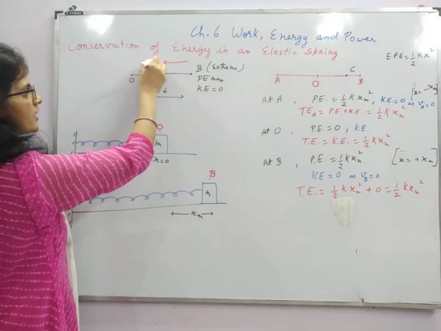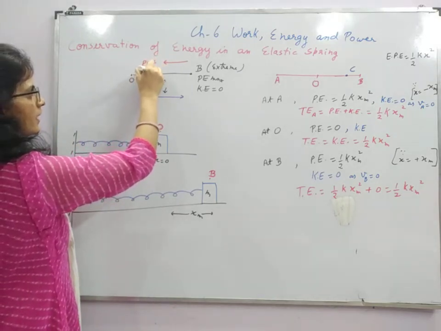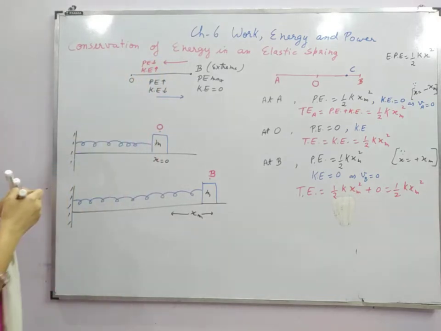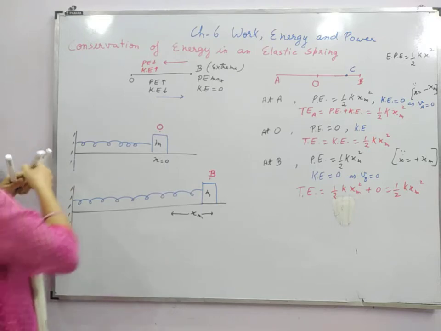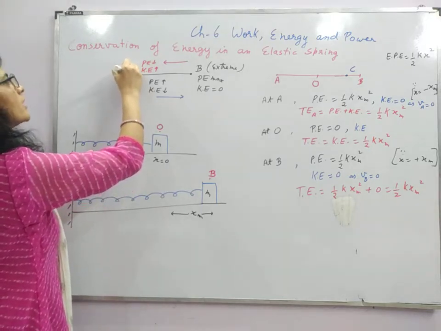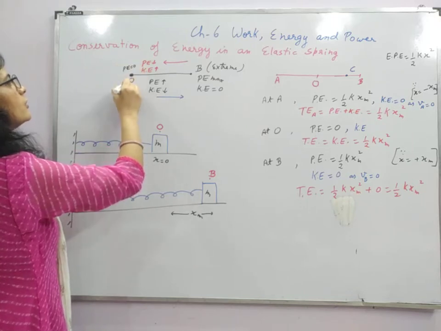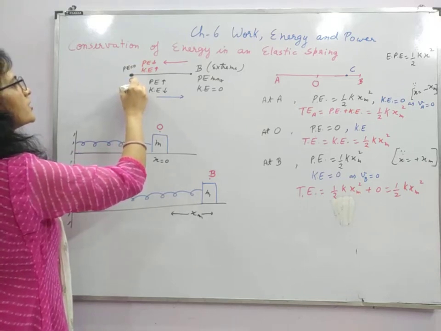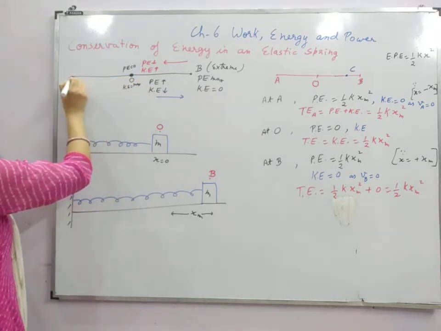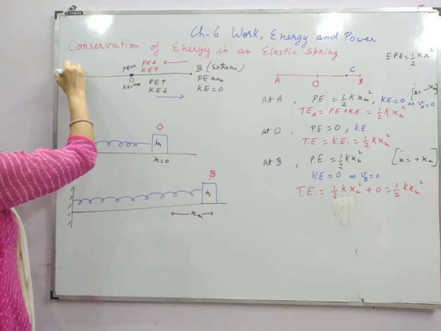Potential energy is decreasing and kinetic energy is increasing. So at point O, potential energy is equal to 0 and kinetic energy is equal to maximum, right? Now again I am talking about the extreme left. So this is the extreme.